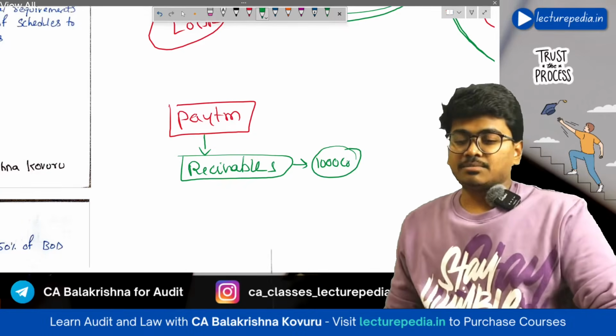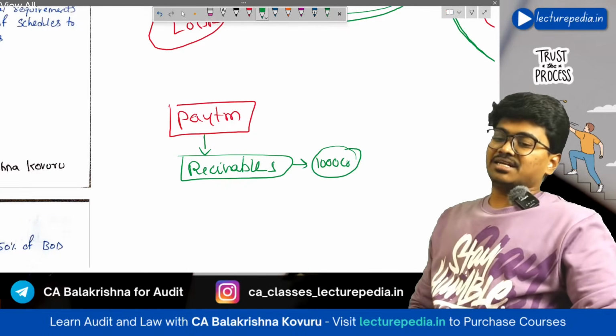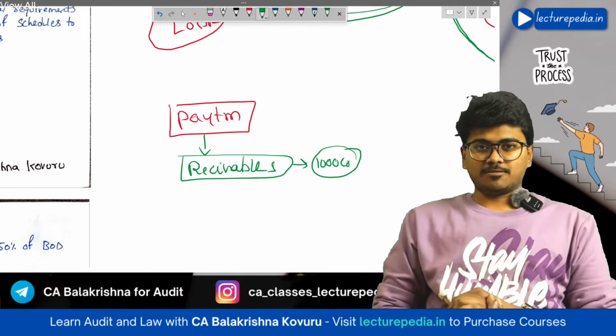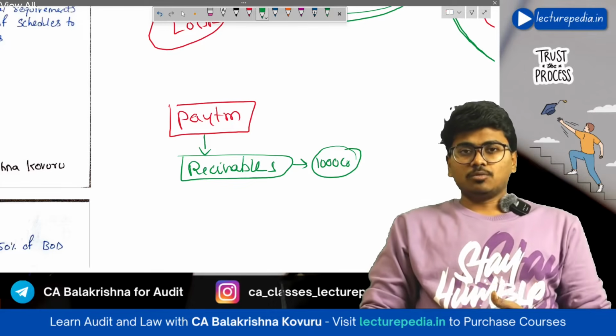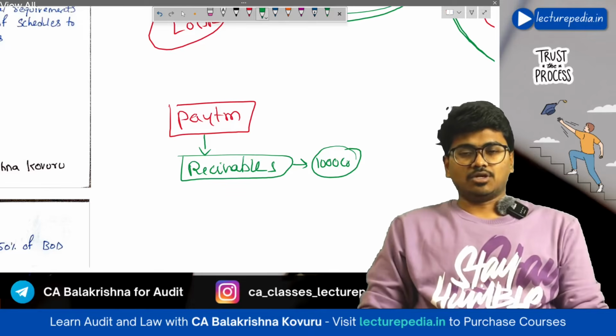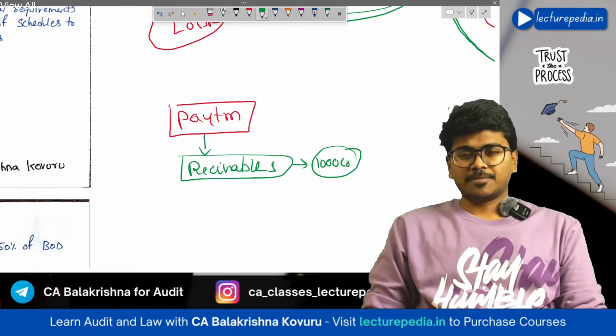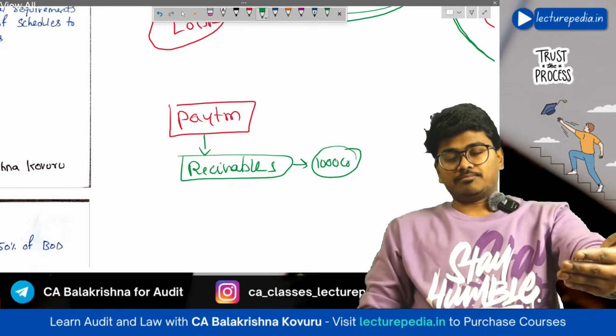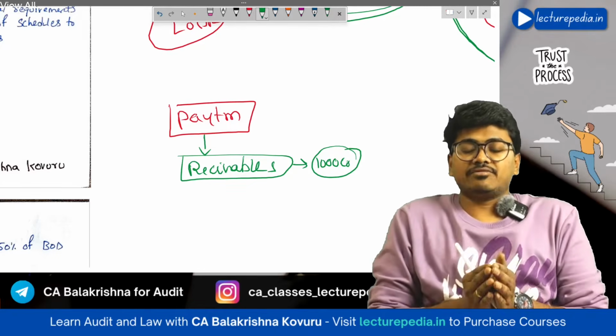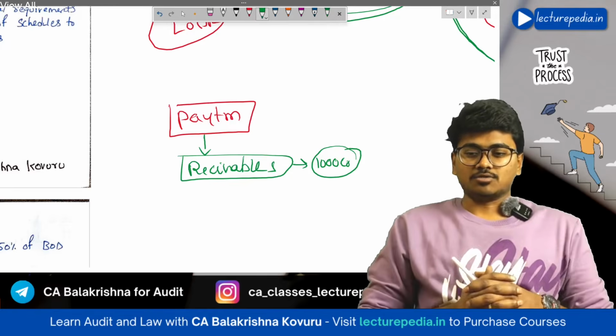In its books of accounts, Paytm has debtors worth 1000 crore rupees. These debtors will give the money to Paytm at various times, based on the credit period. It will realize these amounts from the debtors in future, but as of now it just has these receivables in the books of accounts.